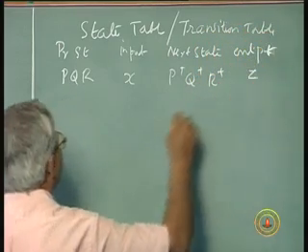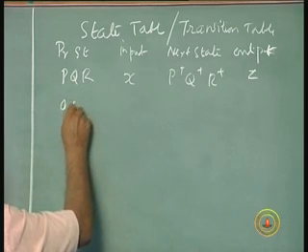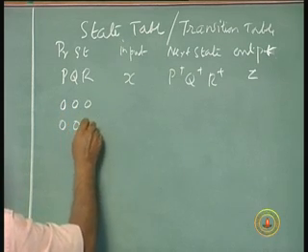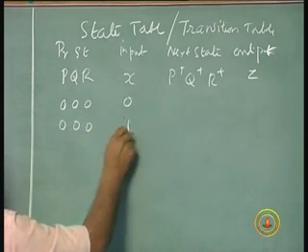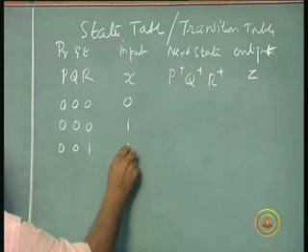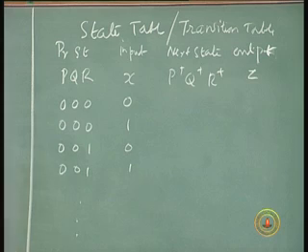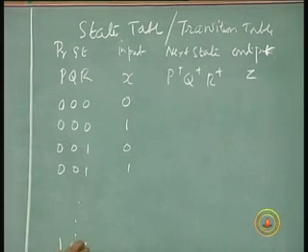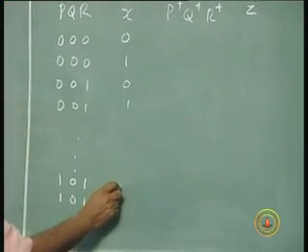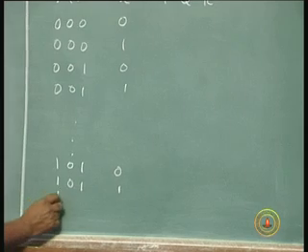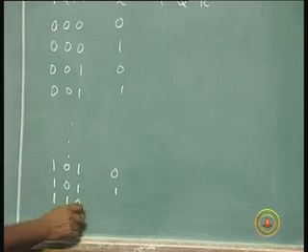Output C. So, we will have 0 0 0, 0 0 1, 0 0 0 0. The last state is 1 0 1. For x is 0 what happens, x is 1 what happens, and then the other two states are not being used.